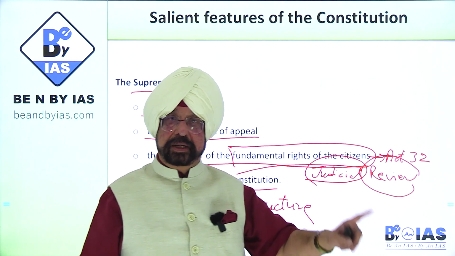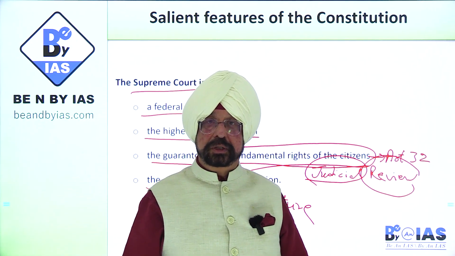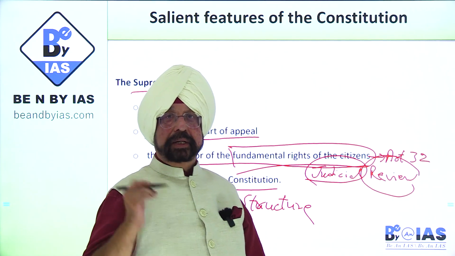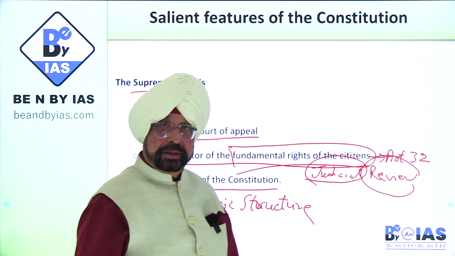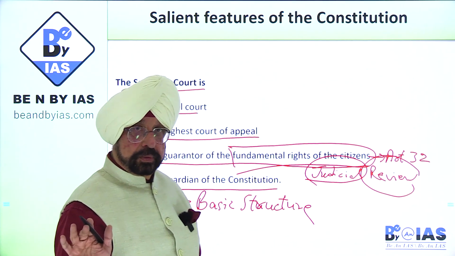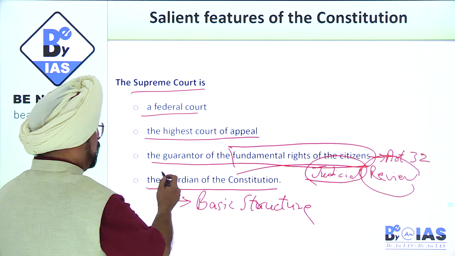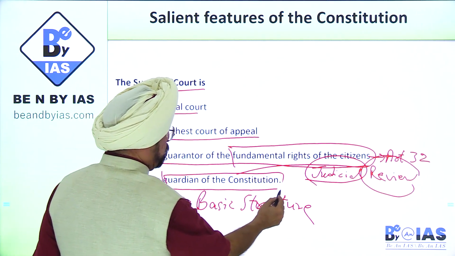Because if it disturbs the basic structure of the Constitution, it can be declared as void, can be removed. It will not have any effect. So this is how it is the guardian of the Constitution.